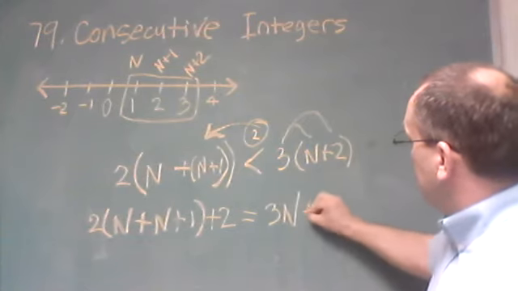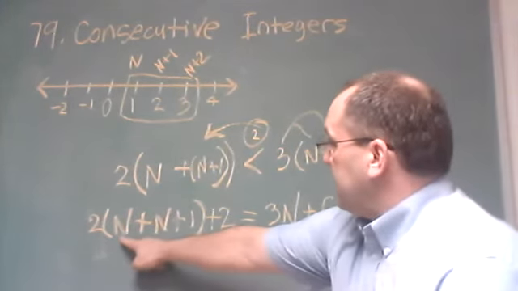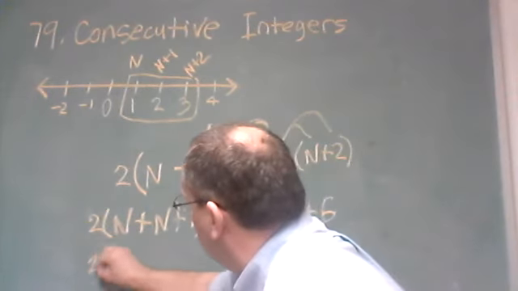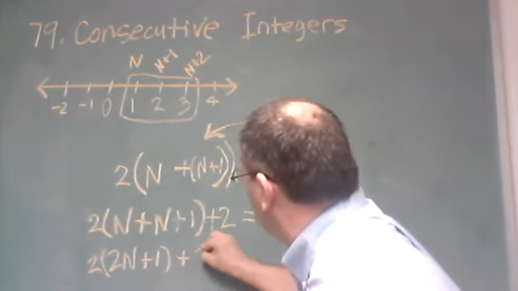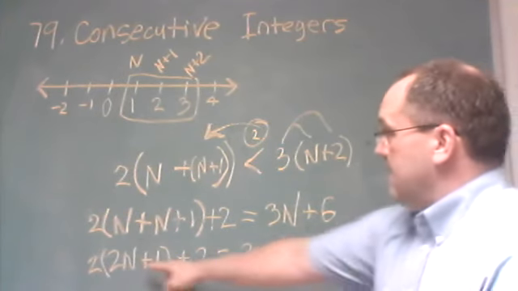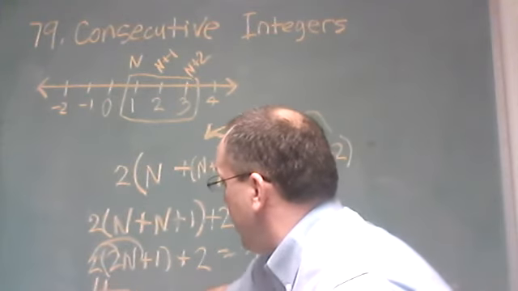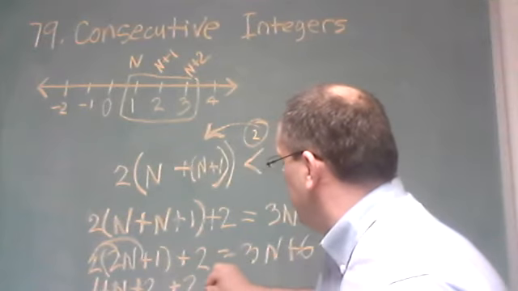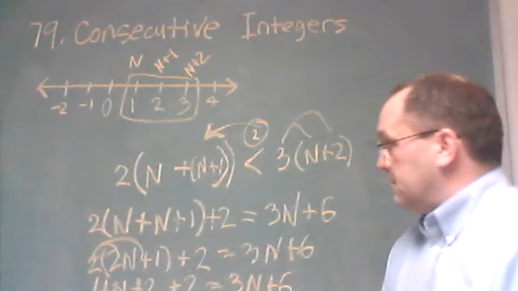It becomes 3n plus 6, okay. In the parentheses, I can combine the n's. I get 2 times 2n plus 1 plus 2 equals 3n plus 6. Okay? Then I can do the distributive property here. 4n plus 2 equals 3n plus 6. Okay?